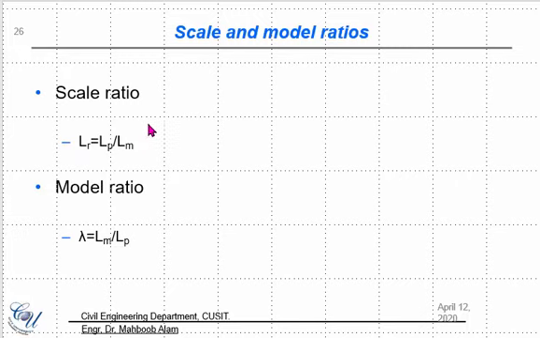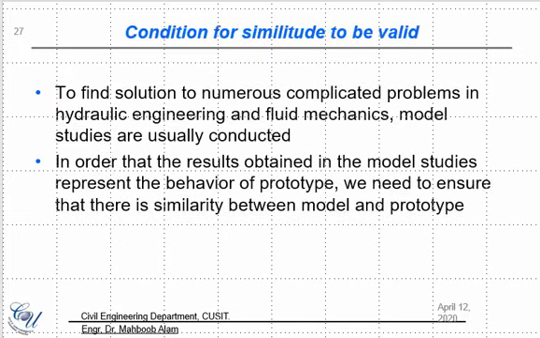So sometimes we would be using the scale ratio, sometimes we would be using the model ratio. You have to remember that the scale ratio is always any quantity of prototype divided by any quantity of the model: the length, velocity, acceleration, anything. So these are basically the two ratios that we are going to use.